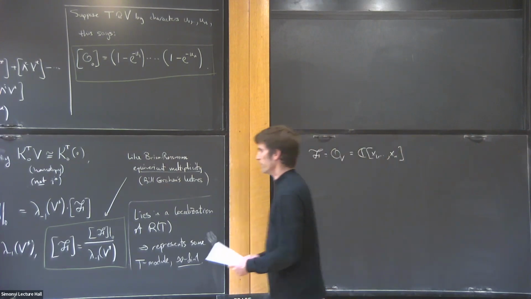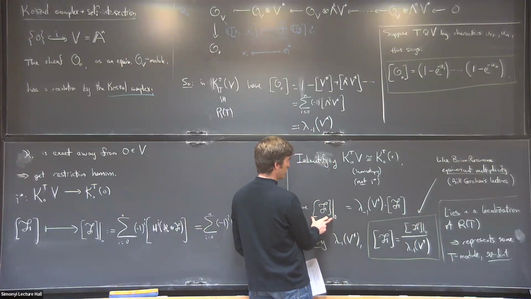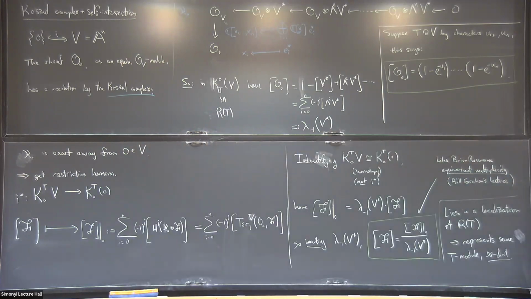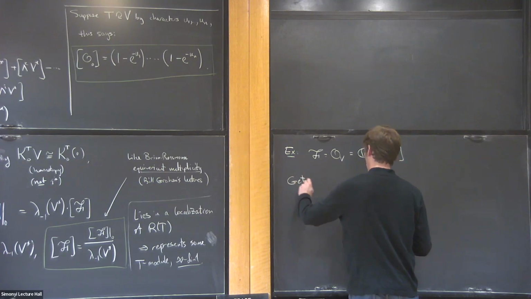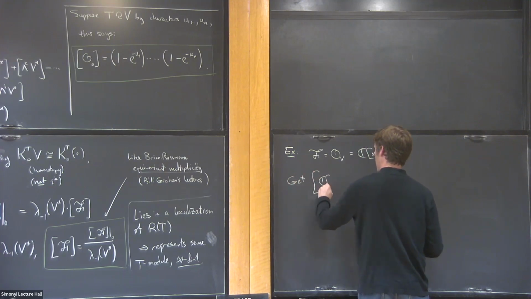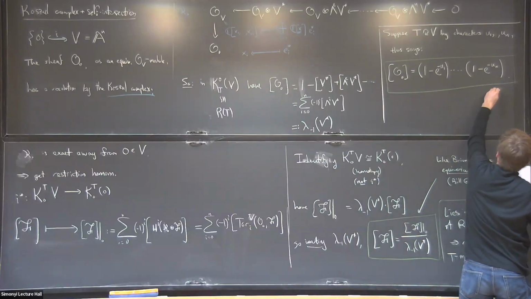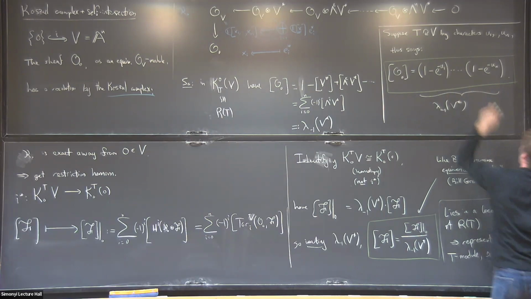In that case, this restriction is just 1 because I'm looking at just the vector space, the fiber in that case, and we get this formula. So the class of this is equal to 1 divided by 1 minus, right, this one here is an example of lambda minus 1 of the dual in that case.